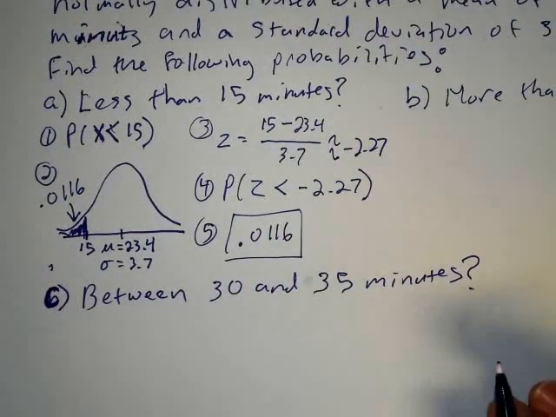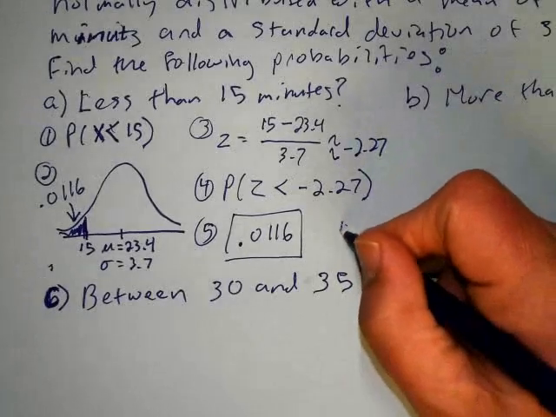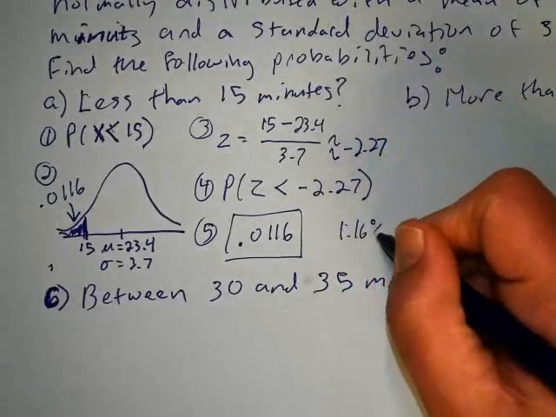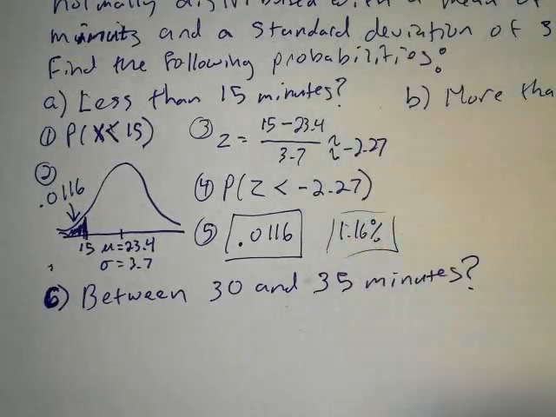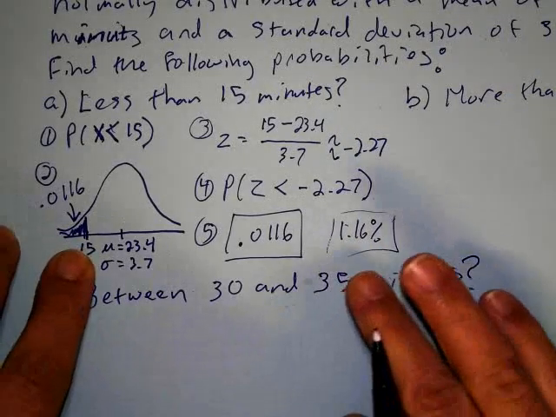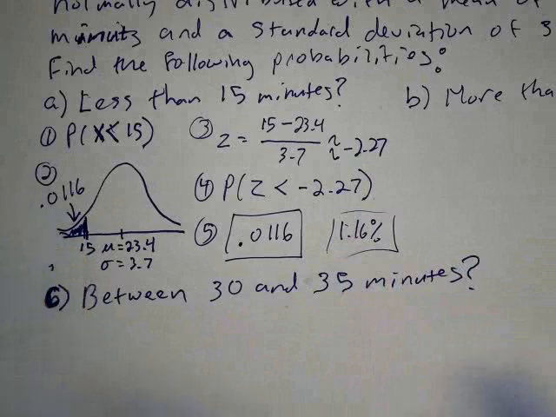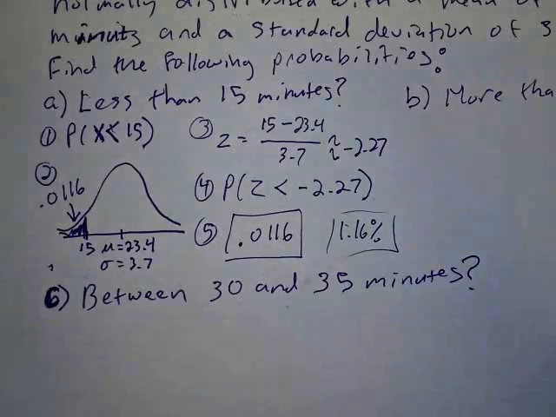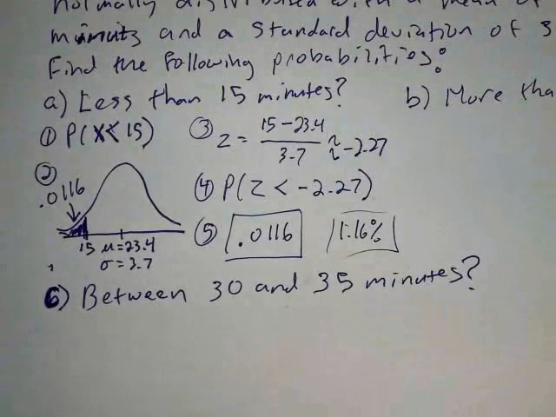So another way to think of that is of all the people in the restaurant waiting to be seated, a little over 1% of them are going to wait less than 15 minutes. Okay, so most likely you're going to wait more than 15 minutes, right?